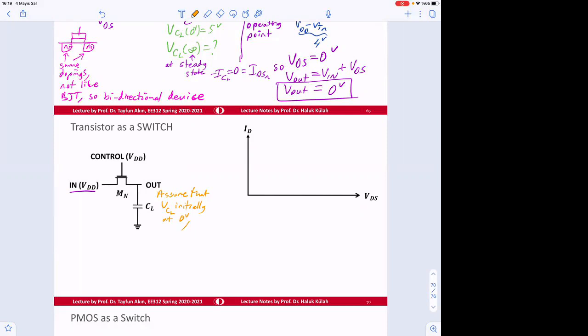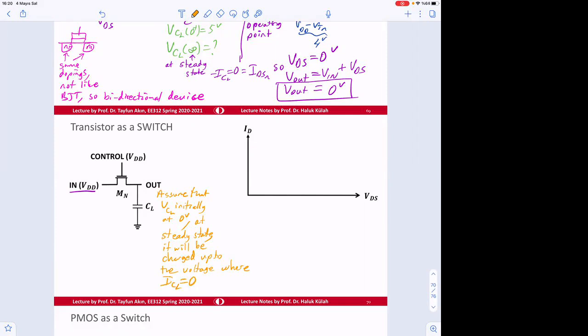And at steady state, it will be charged up to the voltage where ICL becomes 0.